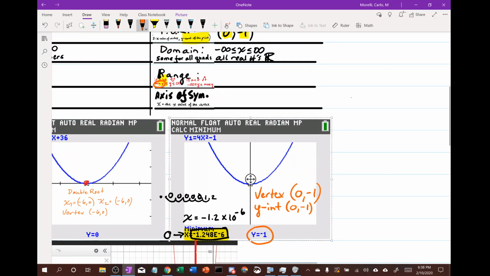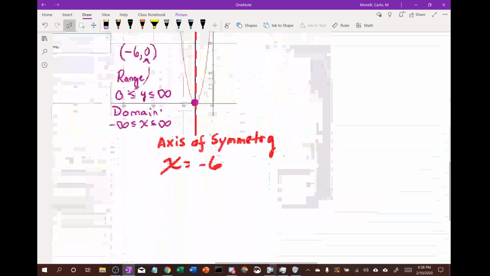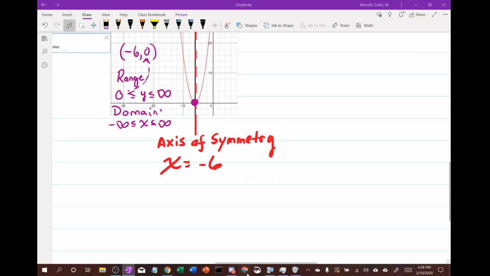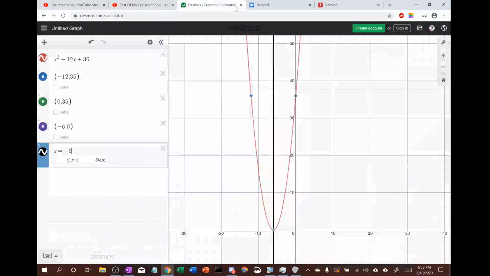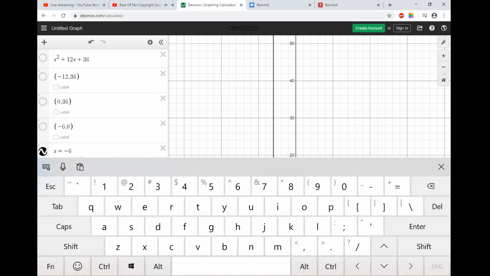So here's what's going on. Let's look at the graph. Let's actually look at it in Desmos. 4x squared minus 1. All right. Let me go to Desmos here. So let's go to Desmos and let's type in 4x squared minus 1.